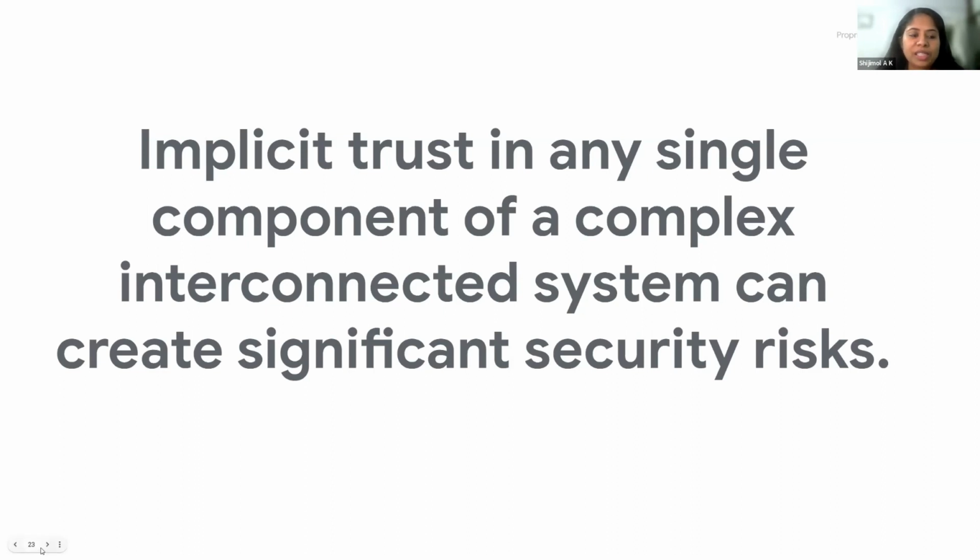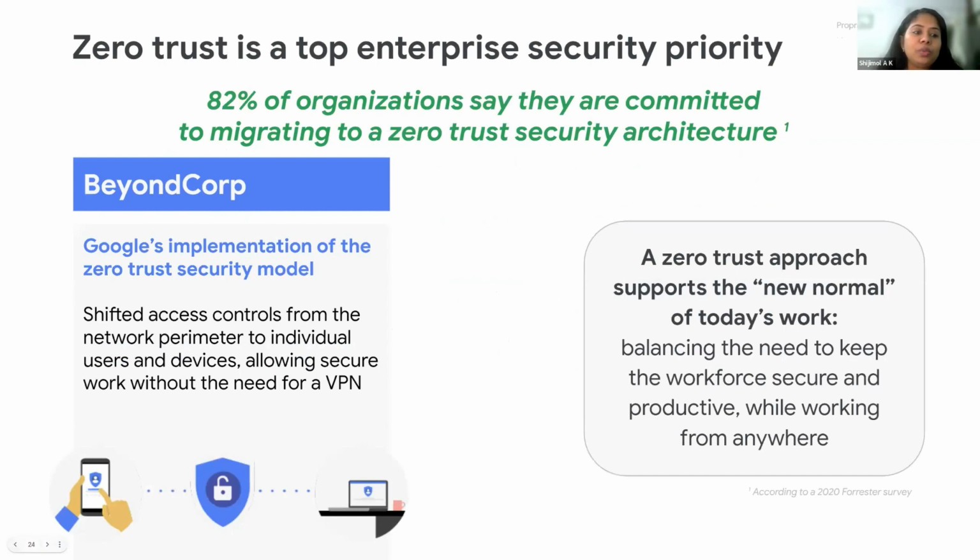You should always assume breach. That is one mantra that we often hear when it comes to security. Assume that your application is vulnerable, and then you go from there, right? That is where we talk about zero trust security models. This is again from a Google perspective, but it's applicable in all cloud environments.